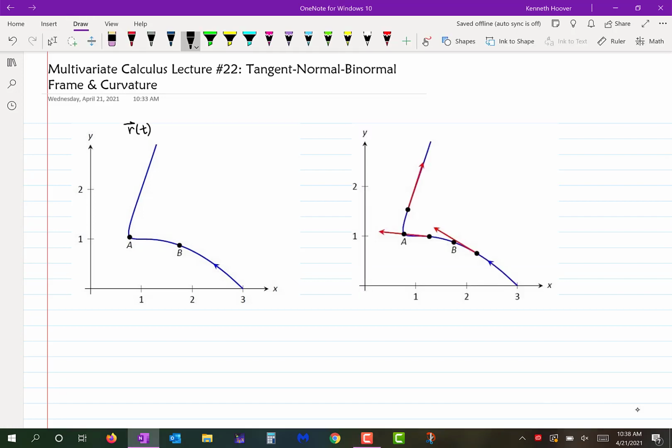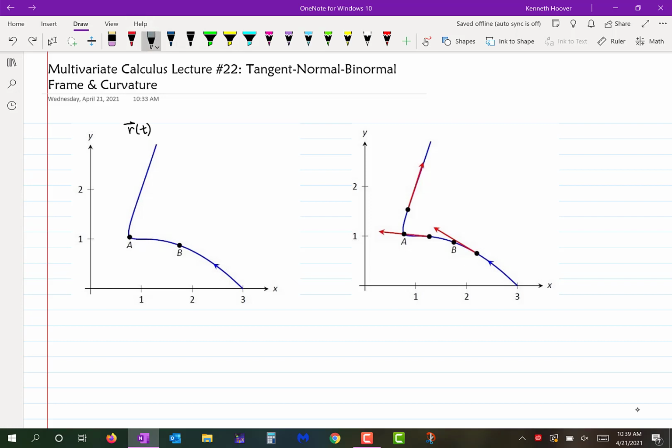You see at these 3 points, there is a vector pointing the direction of travel. Okay? Now, what do you think those vectors are called? Those are called tangent vectors. Okay, because each one of them is tangent to the blue curve at the particular point.